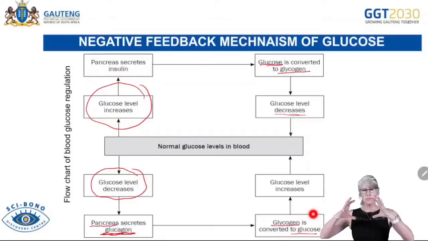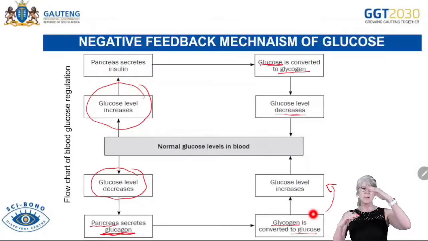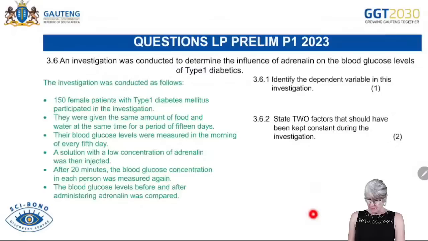So those large storage molecules now are broken down into glucose molecules, and they can then go back into the bloodstream, and that then causes my blood glucose levels to increase. And so homeostasis basically is the maintaining of those levels within certain limits. We maintain the level. Right.